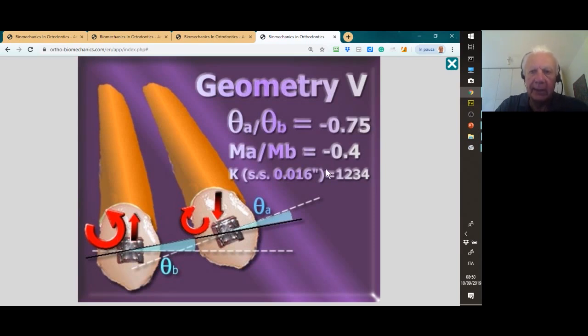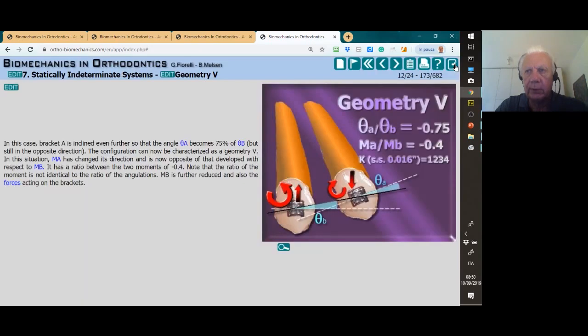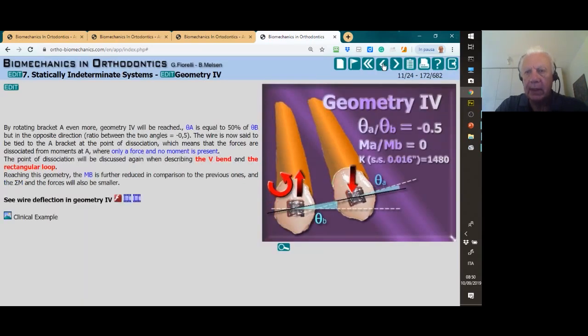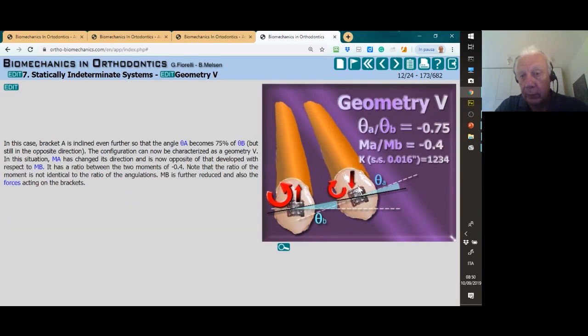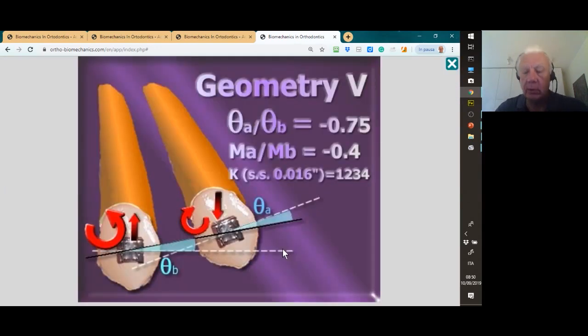Please remark that in geometry 4 we are reducing the forces, of course, as I said, and we go on reducing forces in geometry 5. Now we have a moment which is in the opposite direction as we had in the previous geometries. The ratio between the angles is minus 0.75. The ratio between the moments is minus 0.4.